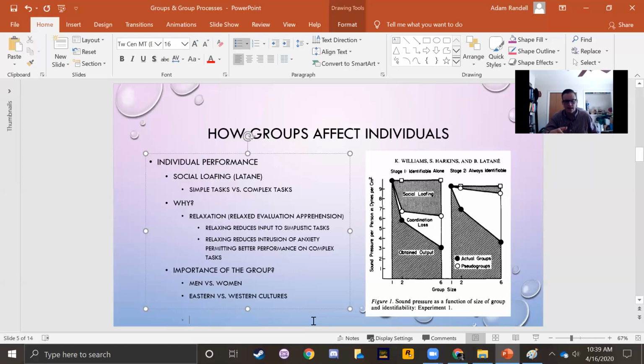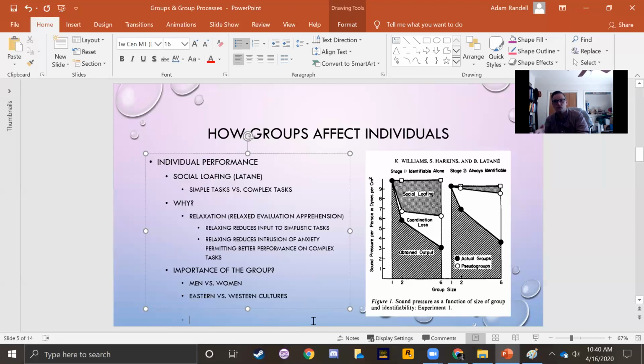All right. Now, does everybody loaf equally? Well, no. Quite a bit of research suggests that women tend to care more about their groups. They tend to care about forming harmonious relationships a little bit more. And as a reflection of that, what we often find is that women loaf less, right?